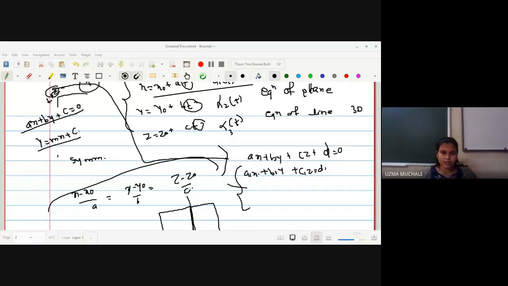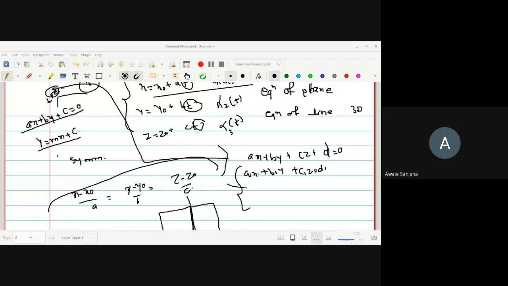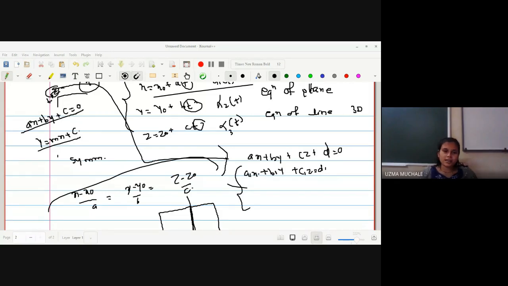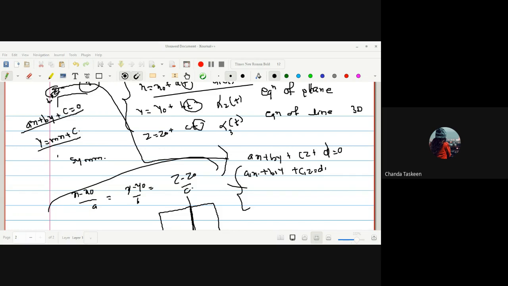Okay, direction ratios. Simply with the help of direction ratios, can you do it? No, ma'am, we will need points too. Why points? Is only one point sufficient? Yes, only one point is sufficient, or do we need more than one point? One point is sufficient, ma'am.